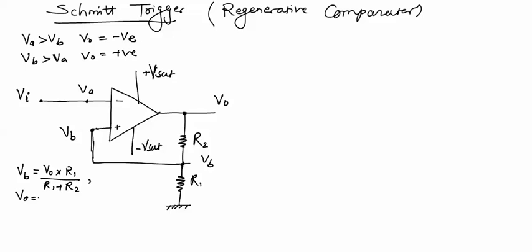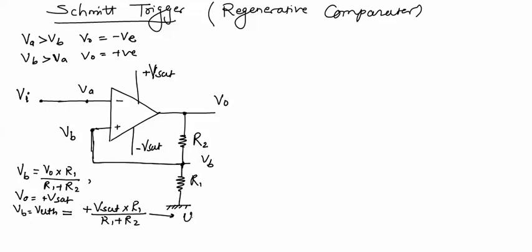If V naught equal to plus Vsat, then we have VB equal to VUTH, the upper threshold voltage, equal to plus Vsat into R1 upon R1 plus R2.